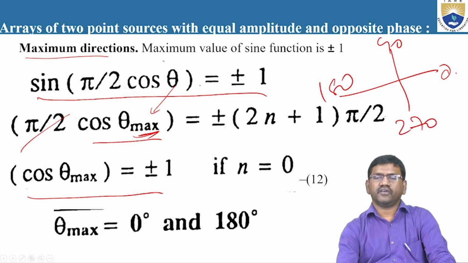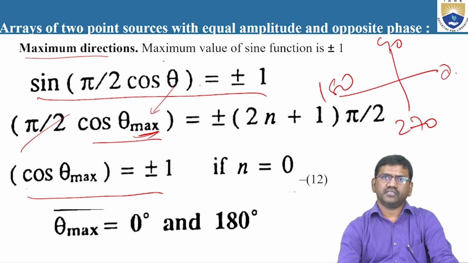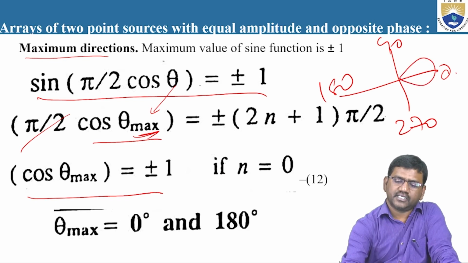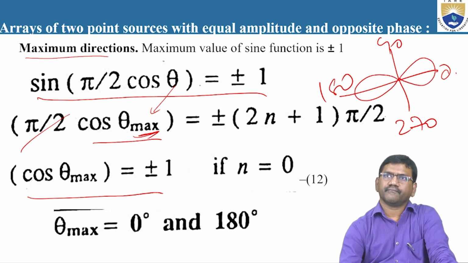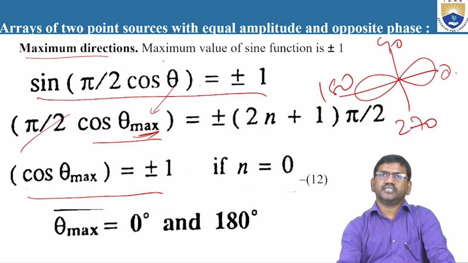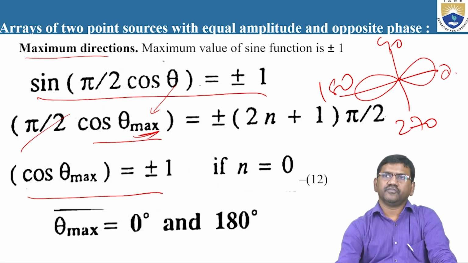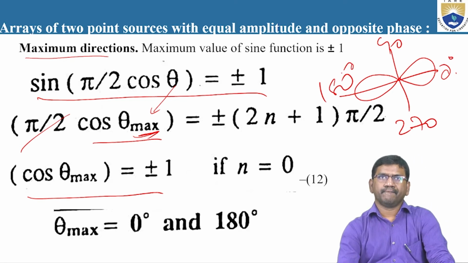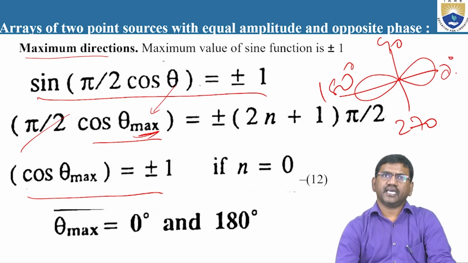We have seen that the theta max value is 0 degrees and 180 degrees. That means the radiation pattern will be maximum in this 0 degrees direction and also the 180 degrees direction. Right? So the radiation pattern will be maximum in two different directions. Now let us find out in which direction the radiation pattern will be minimum.